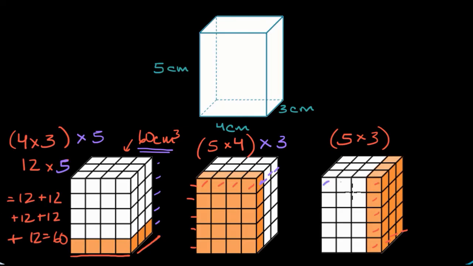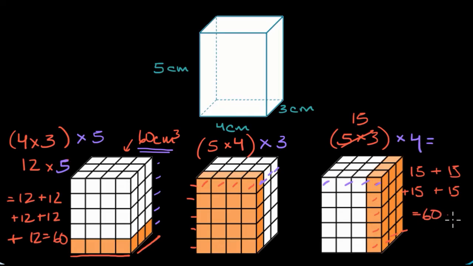Well, you have 1, 2, 3, 4 of them. So times 4. 15 times 4 is going to be 60 cubic centimeters. Or you could say that's the same thing as 15 plus 15 plus 15 plus 15: 15 plus 15 is 30, plus 15 is 45, plus 15 is 60.